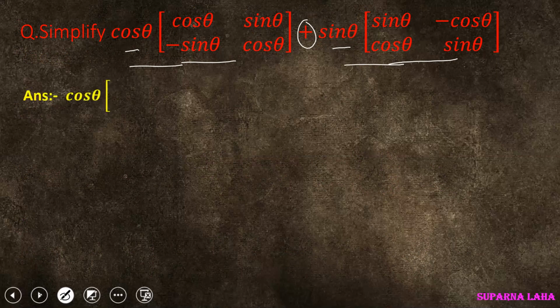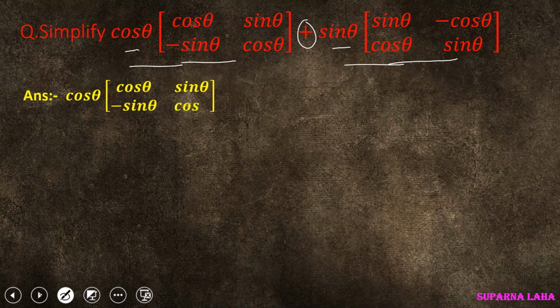If we multiply this cos theta with this 2 cross 2 matrix, cos theta, sin theta, minus sin theta, cos theta, and then plus sin theta with this 2 cross 2 matrix, sin theta, minus cos theta, and sin theta. Now just multiply its elements with cos theta.